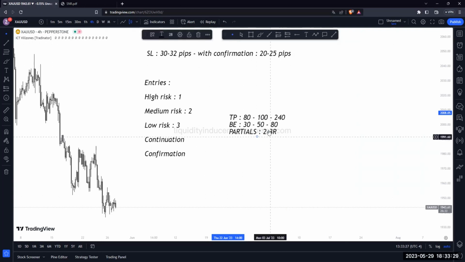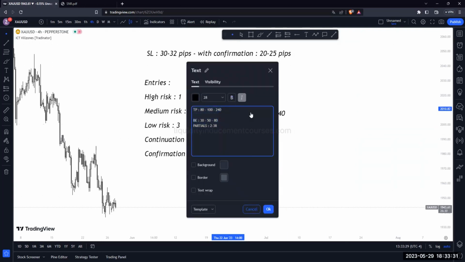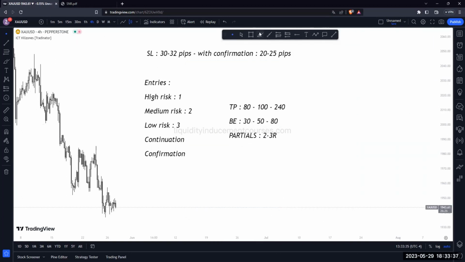Yeah, let me just explain this in detail now. So TP for high risk is 80 pips, right? For medium risk, it's from 80 to 120.